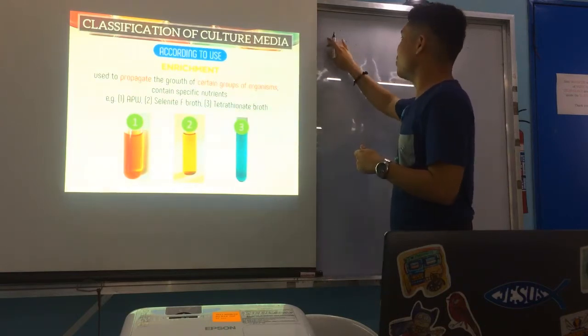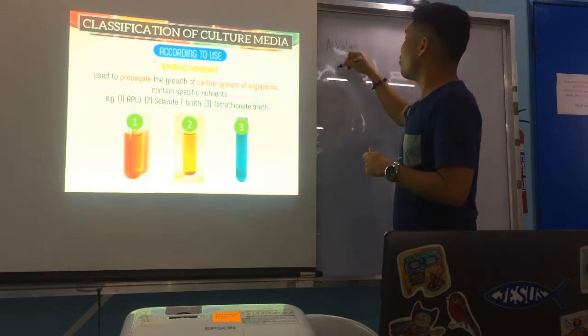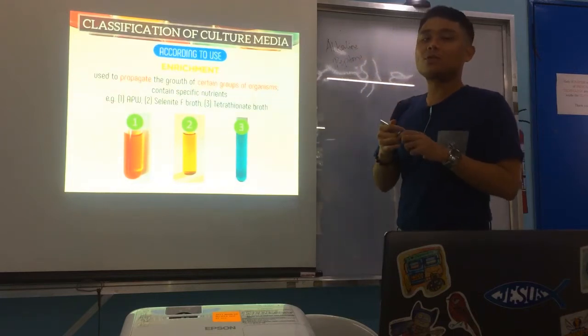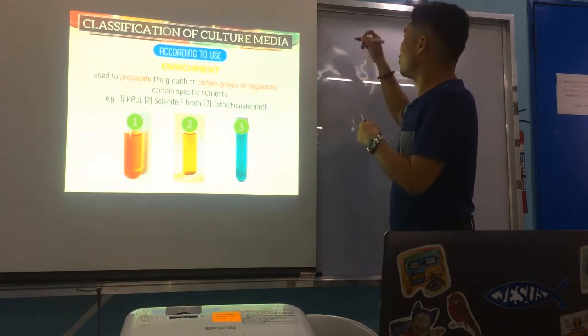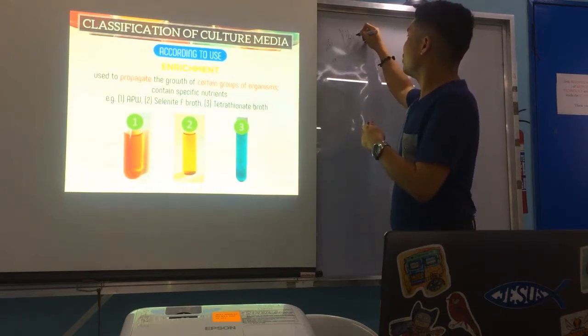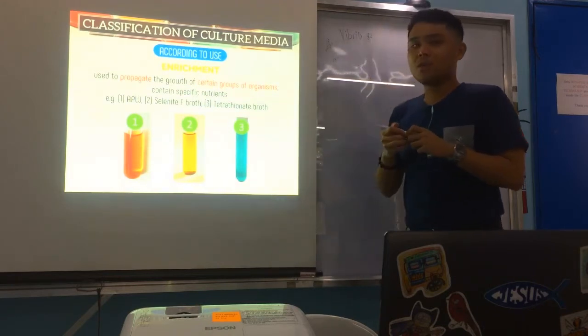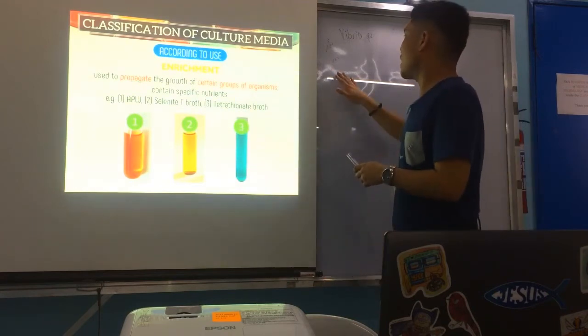Recall, APW is your alkaline peptone water, and this is considered to be the enrichment media of choice for Vibrio species. So again, the enrichment media of choice for Vibrio species, APW.